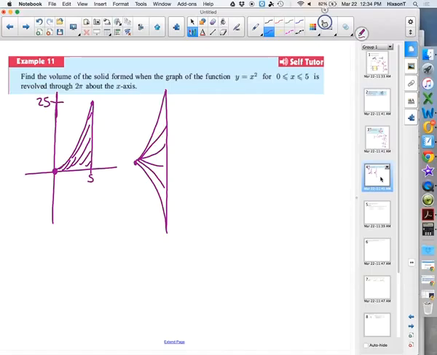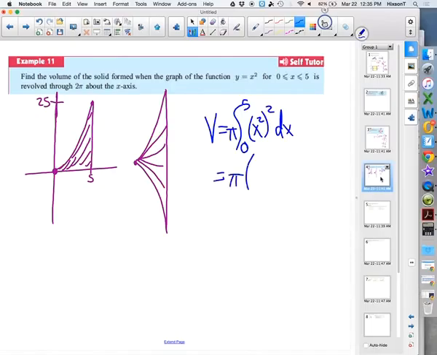Well, how would we set this up? Integral from 0 to 5 of x squared, squared, and there's a pi outside. So pi times, what's the integral of x squared squared?